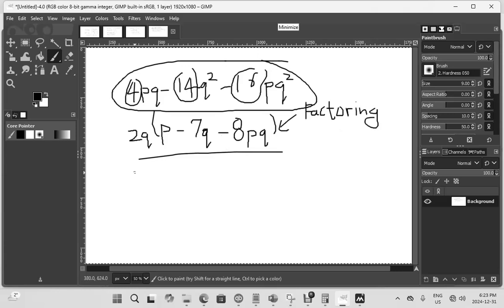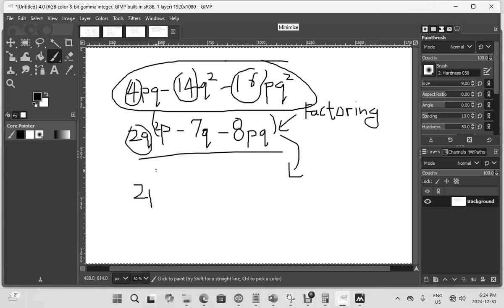And you can double check this solution by expanding it. If you want to expand it, you multiply this term over here by each and every term inside the bracket. So let's say this is 2pq. Now notice what happened over here. This is 4, which means this is supposed to be 2.